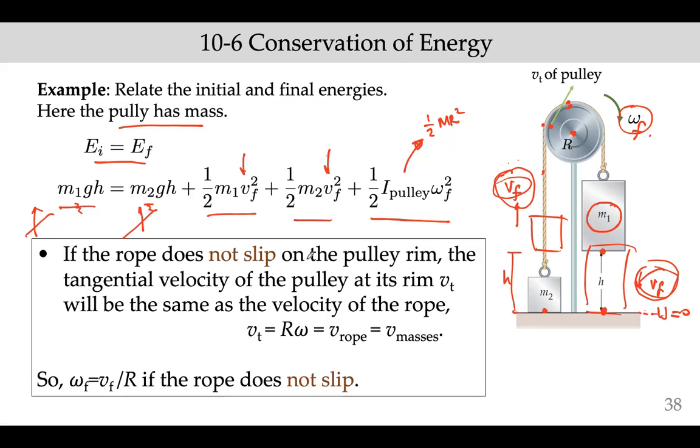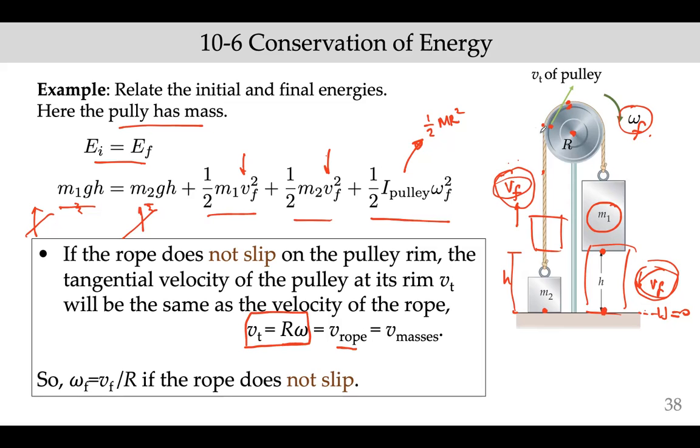So if the rope does not slip on the pulley rim, the tangential velocity of the pulley at its rim, this Vt, the tangential speed of this point of the pulley, will be equal to, by definition, r times omega. That's just coming from the tangential velocity definition. But if there's no slipping, it will be equal to the speed of the rope.